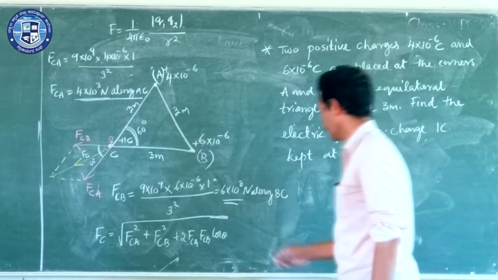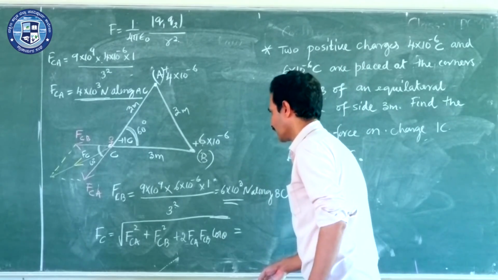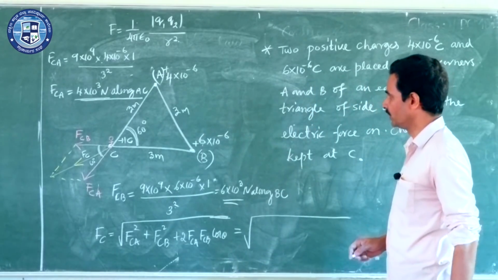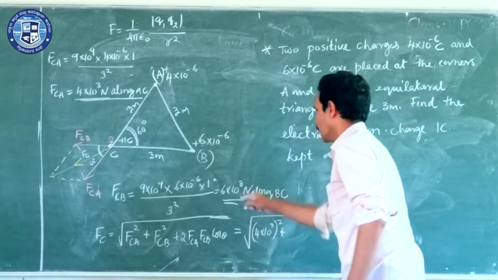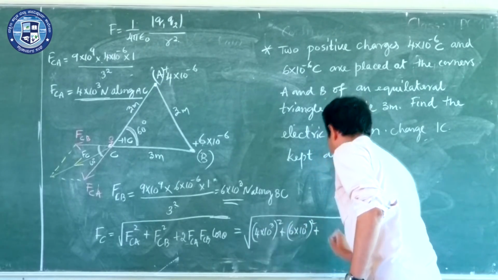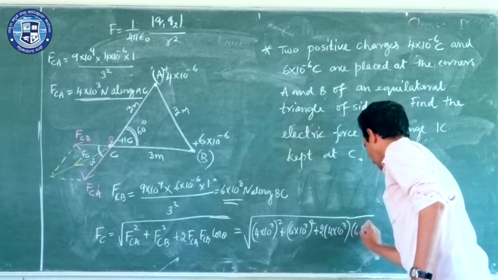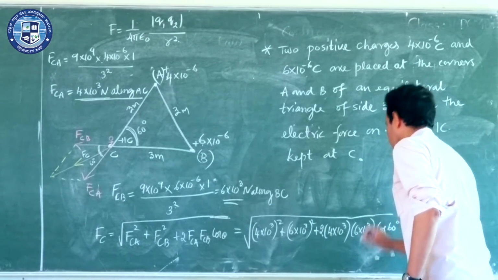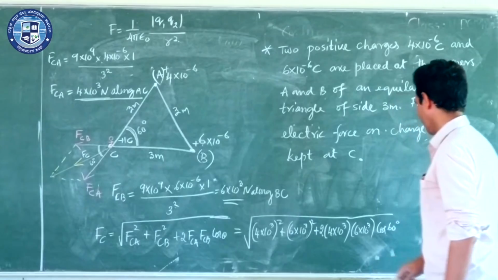Now the net force on C, charge kept at C, 1 coulomb, is root of 4 into 10 to the power 3 whole square, plus 6 into 10 to the power 3 whole square, plus 2 into 4 into 10 to the power 3 into 6 into 10 to the power 3, cos 60. You know that it is the opposite side to the angle, or vertically opposite angle of the equilateral triangle, cos 60.